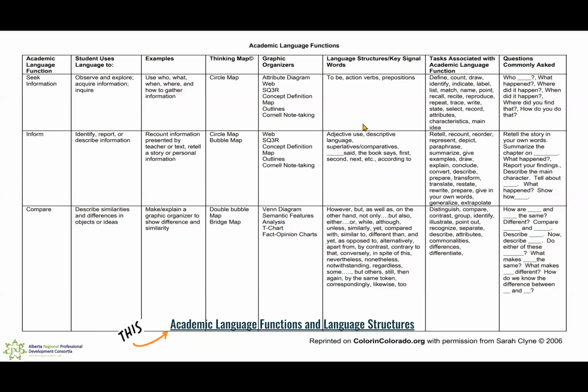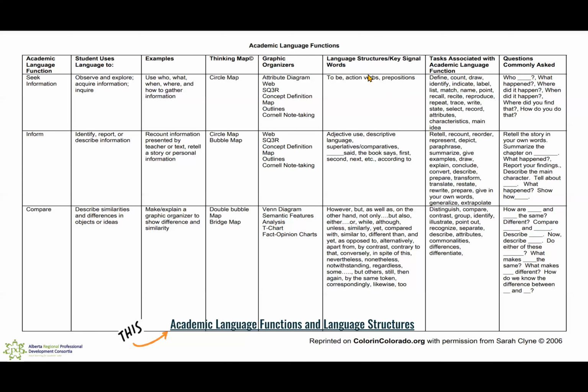I've just taken a screenshot of the first page here. So when you're thinking about academic language functions, where maybe the student is seeking information, or they're informing, or they're comparing. But if we look at this column here, third from the right, the language structures, key signal words.